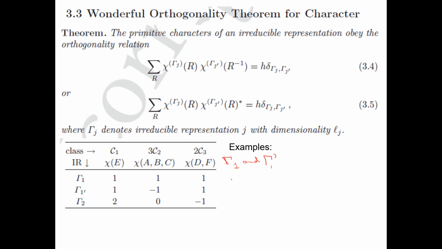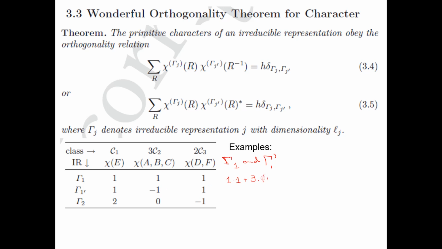So let's do it. First we have the C1 class, the identity class. So it's just 1 times 1. Then summing over all the elements of the C2 class, you have a factor of 3 because you have 3 elements in this class, and you have the product 1 times minus 1, right?